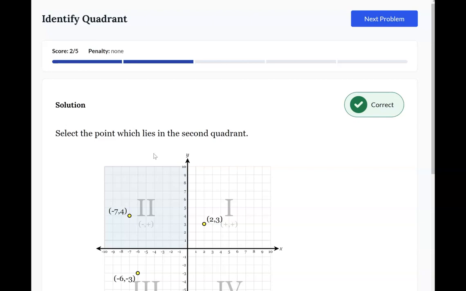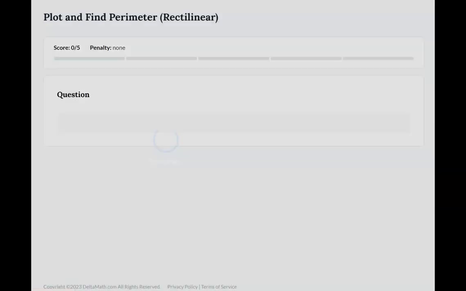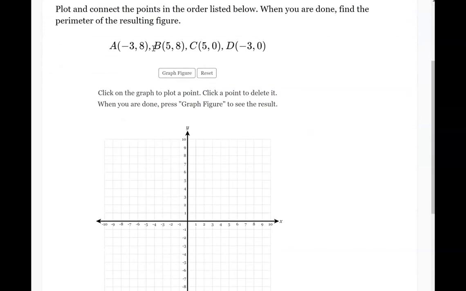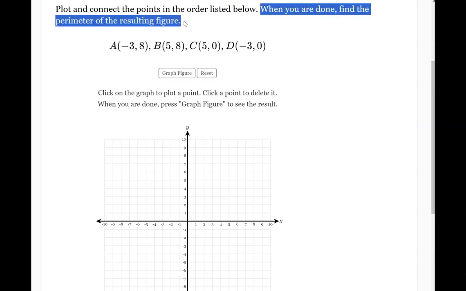Okay, the last 2 tasks ask you to graph some polygons. So you're going to plot all of these points, and then when you are done, you will find the perimeter of the resulting figure. That's why we counted those horizontal and vertical distances on the activity earlier.